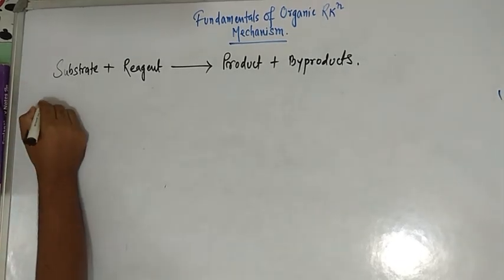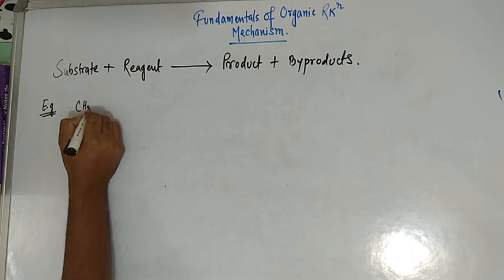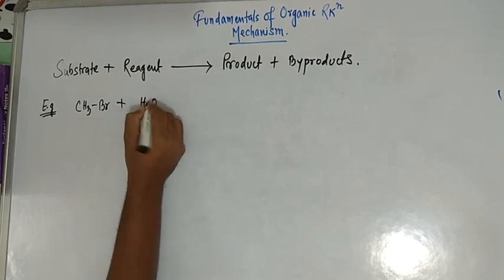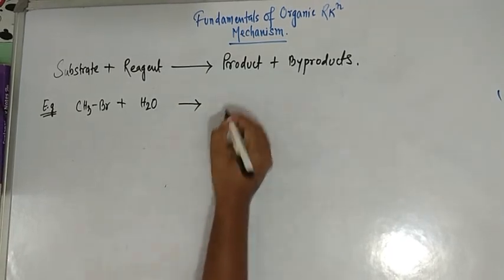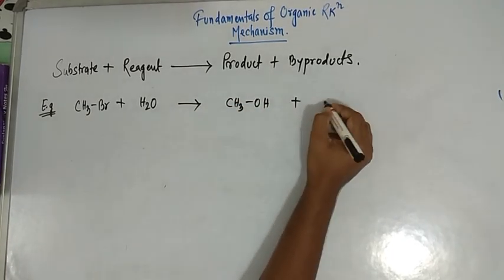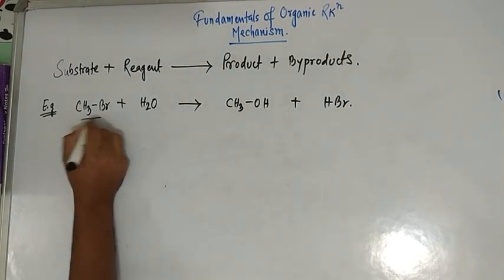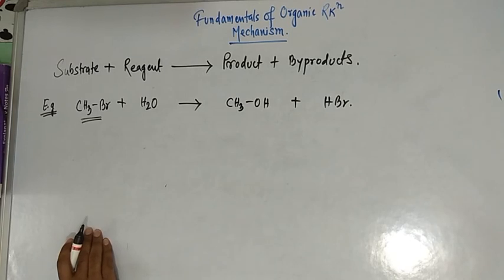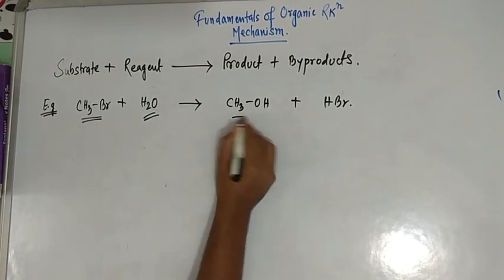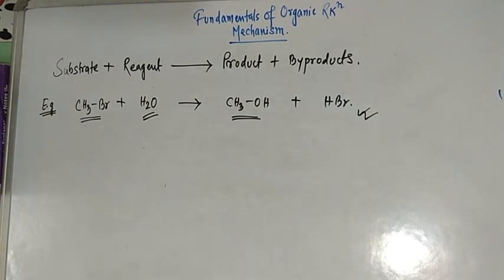Let us take an example. CH3Br when it reacts with water, that is, it undergoes hydrolysis to give methyl alcohol plus HBr. Here the substrate is methyl bromide, which reacts with the reagent H2O to give the desired product methyl alcohol with the byproduct HBr.